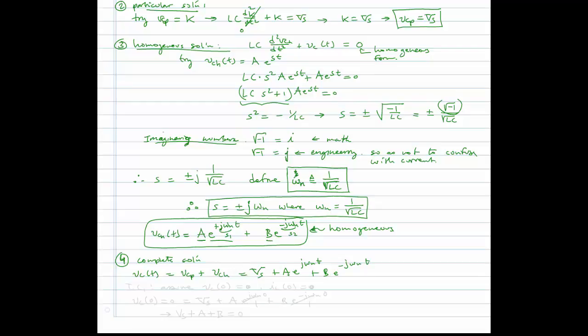I hadn't set them previously, but for the initial conditions, assume the following. Now in the first order circuits, we had one initial condition. If we had a capacitor in the circuit, there was an initial capacitor voltage. If there was an inductor in the circuit, there was an initial inductor current.